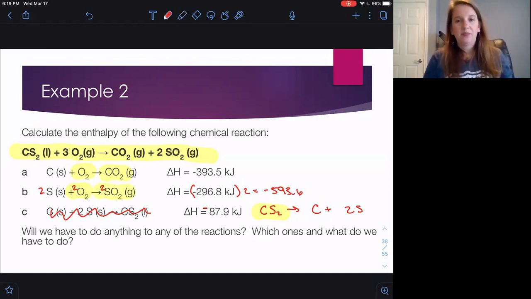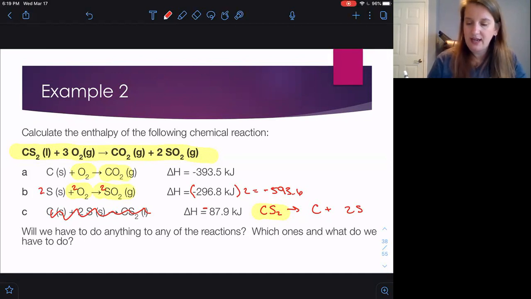So now I can add up my enthalpies, so negative 393.5 plus my negative 593.6 plus my negative 87.9 because I flipped step C. So that means my delta H for this reaction is going to be negative 1075 kilojoules of energy.